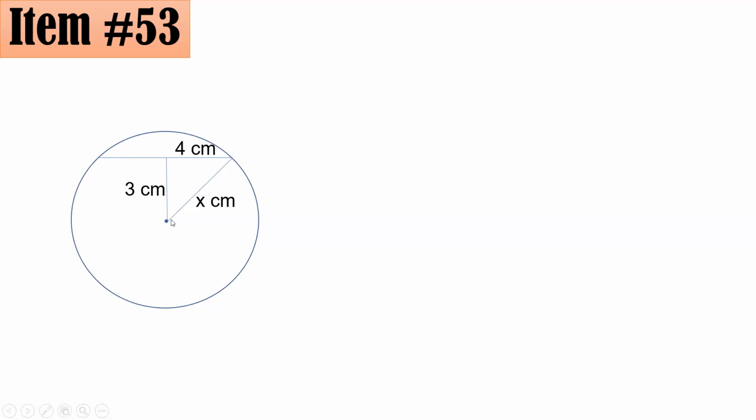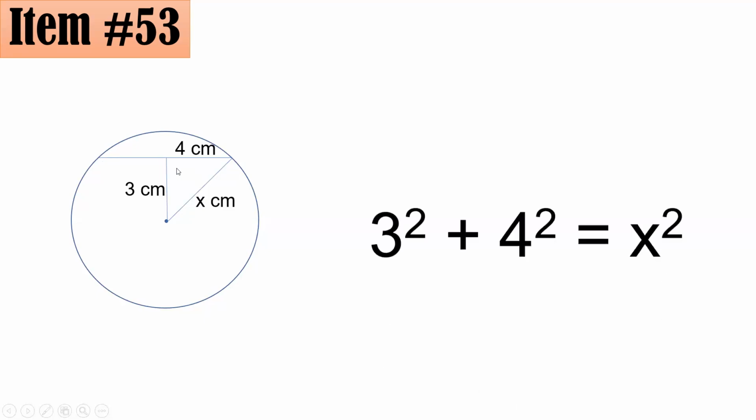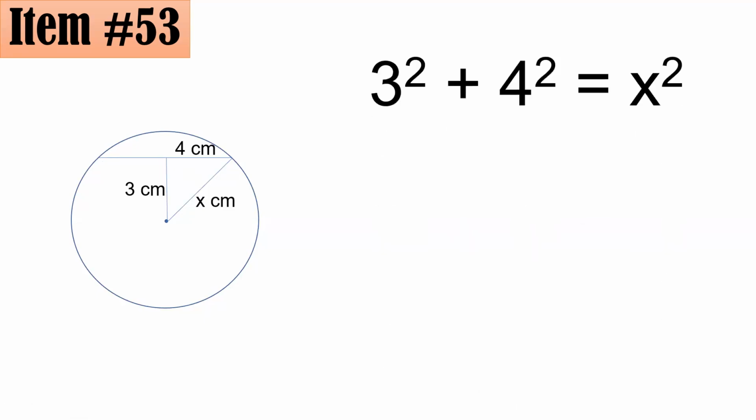And we don't know how long the radius is. That's why in this problem, I connected the center and this endpoint here. If you wish, you could also connect here. I just refer it here. And since this is a right angle here, then the Pythagorean theorem applies. That is, yung x na to, ito po yung hypotenuse natin. So 3 squared plus 4 squared equals x squared by the Pythagorean theorem.